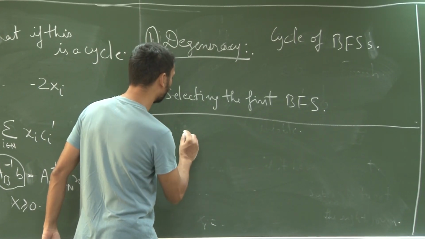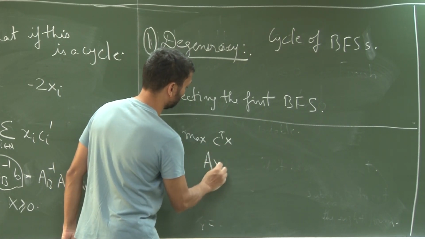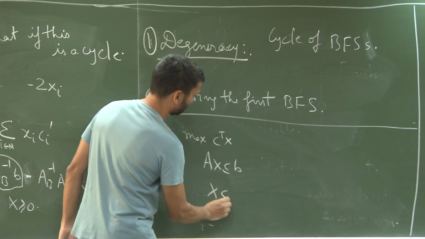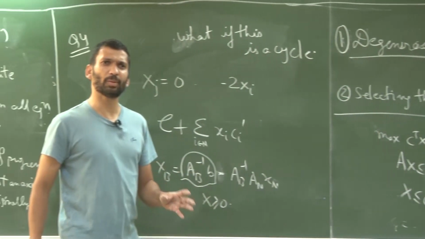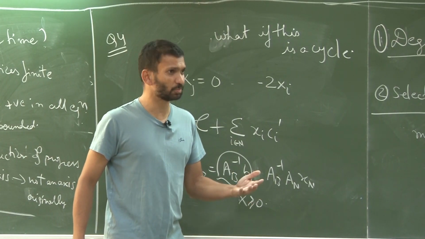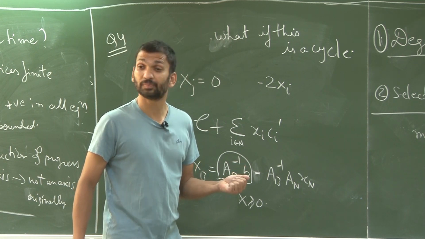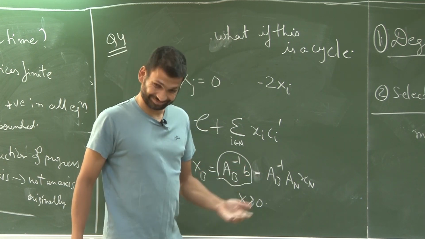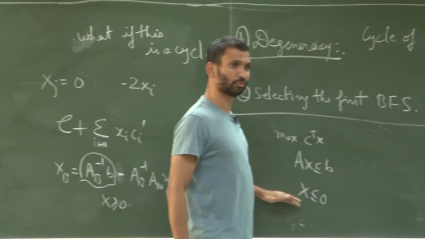You can always assume that your program is in this form. Do you remember how we found the BFS in the simple example we did last time? We were lucky. So we can assume this is the standard form.